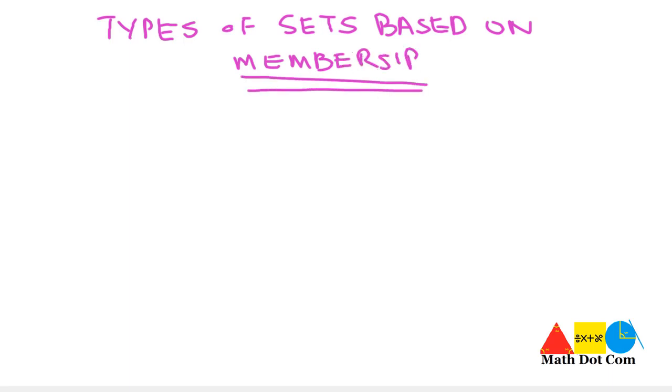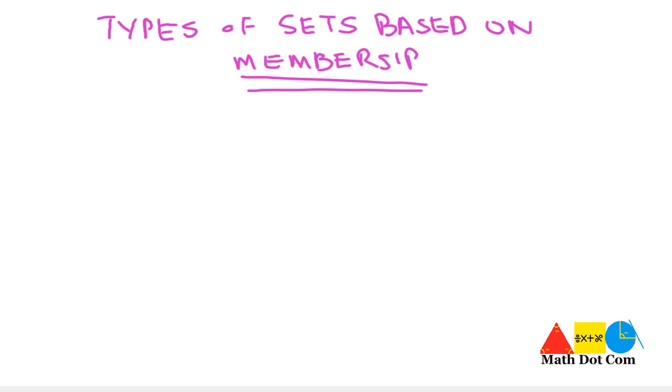Now we'll see what are these types. First we will discuss them one by one, as we need a thorough discussion. These are very important types of sets that we have to use in almost every grade. So we discuss it properly, or you can say thoroughly.